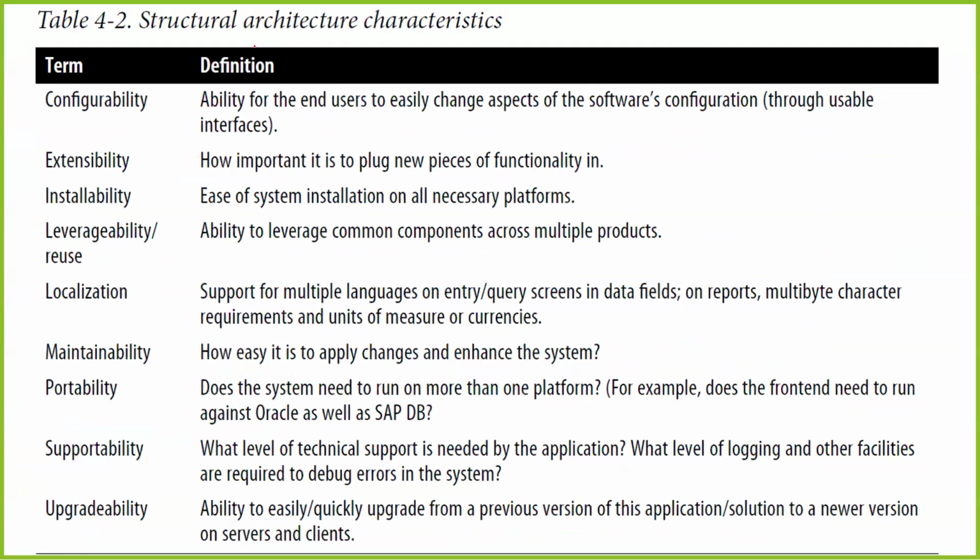Structural architectural characteristics. This is what you will probably do within your system when you are designing it. Configurability, how easy or hard it is to configure your software. The ability for the end users to easily change aspects of software configurations through usable interfaces.